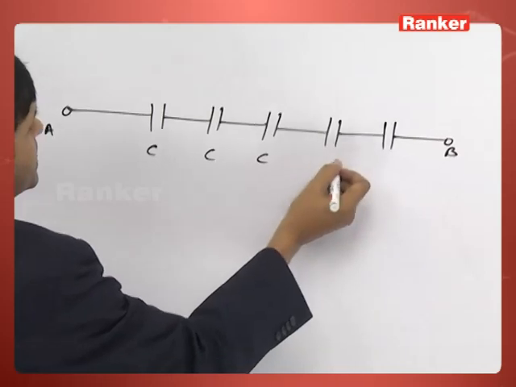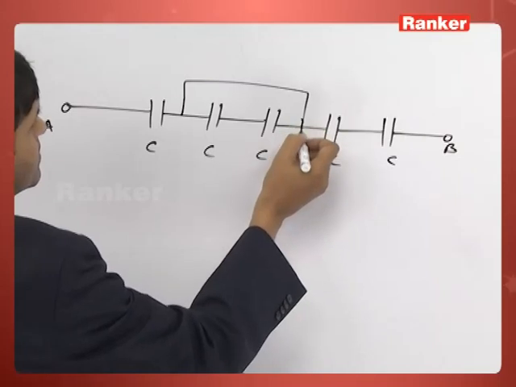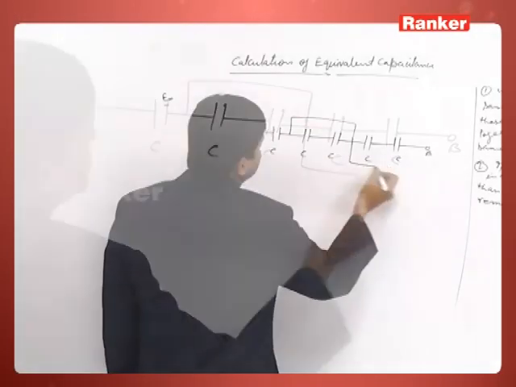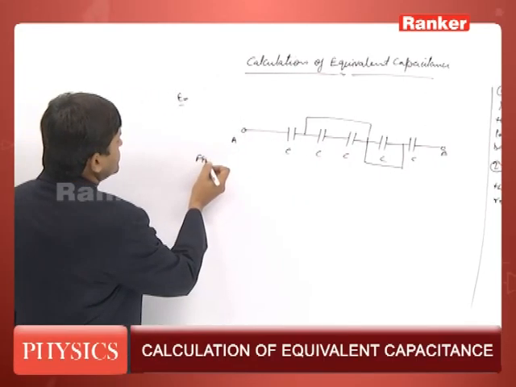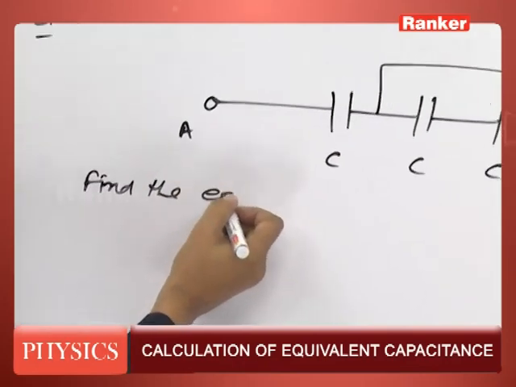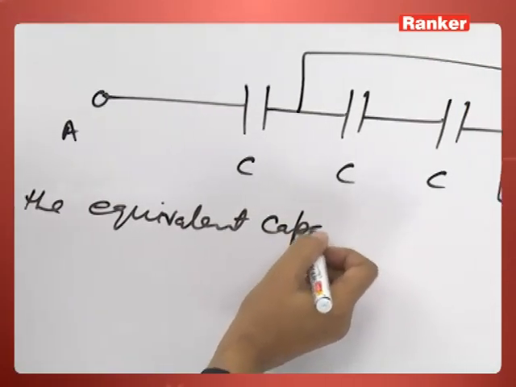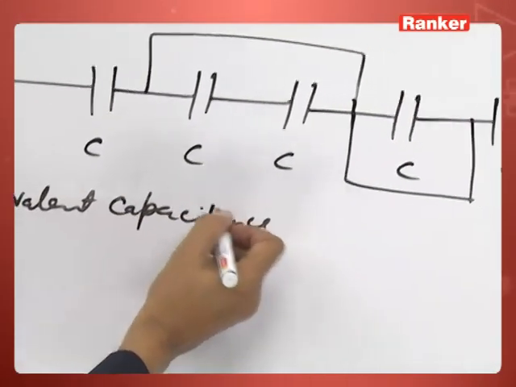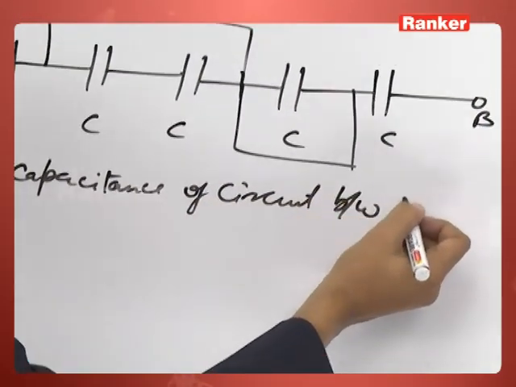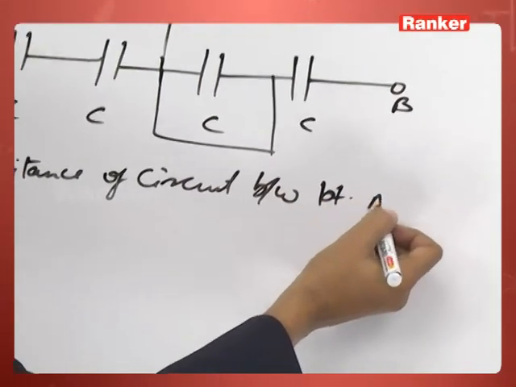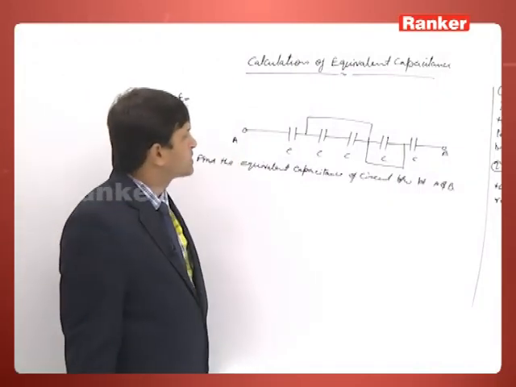Let all having capacitance C. And question is this: find the equivalent capacitance of circuit between point A and B.